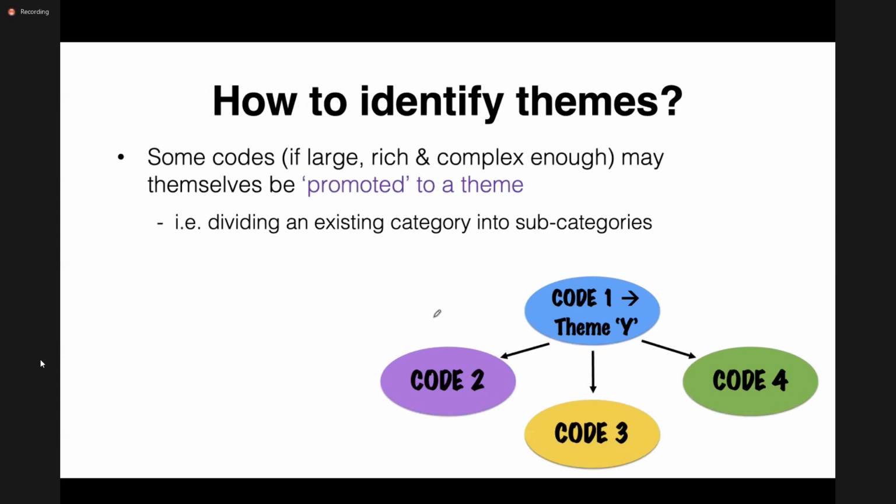So another way we can identify these themes is sometimes there can be a code itself which you figure out later is very large, very complex. So actually we can have this code as a theme and divide certain subcategories under that particular theme.